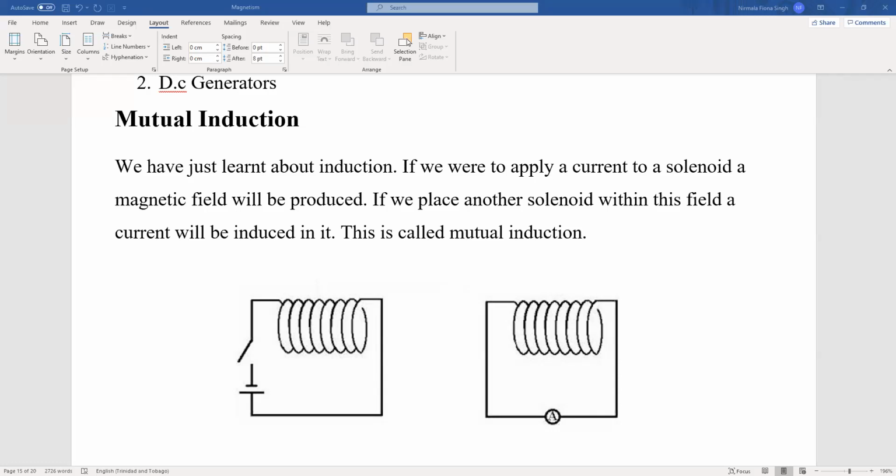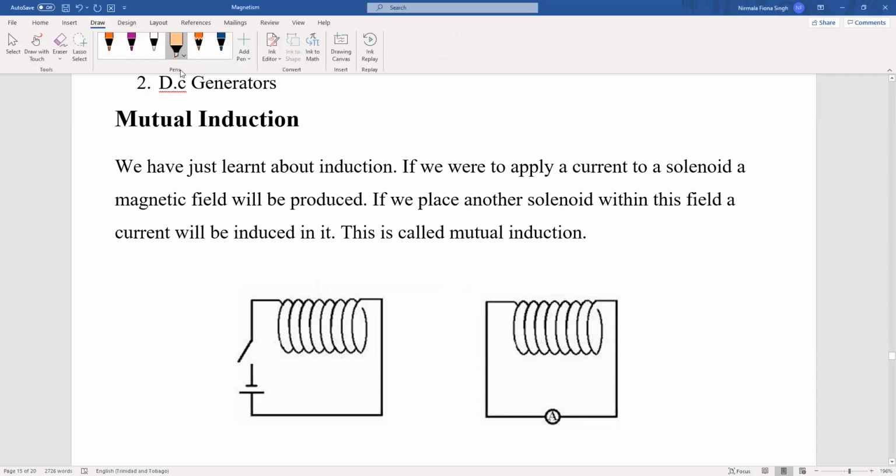If you take a wire and place it in a magnetic field and you move it in the field, that magnetic field will cause electrons to move out of the wire, thus creating an electric current. That's what induction is. Here we're going to look at mutual induction.